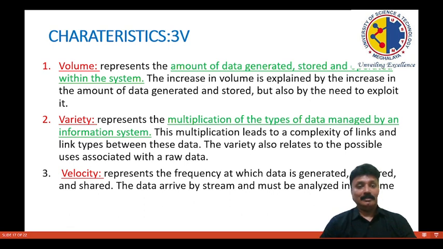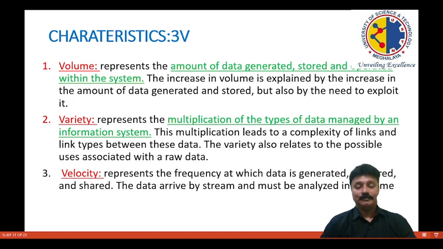So the explanation: volume is the amount of data generated, stored and operated within the system. The increase in volume is explained by the increase in the amount of data generated and stored. The variety represents the multiplication of the types of data managed by an information system.